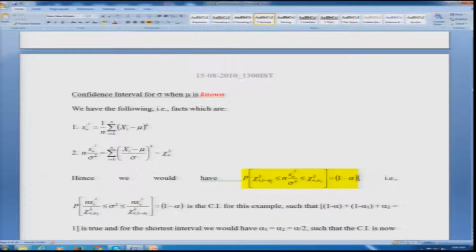Here note down one thing: the area to be covered on the left is 1 minus alpha suffix 1, and on the right the suffixes are n comma alpha 2. The alpha 1 and alpha 2 have some relationship to alpha, definitely, but we are assuming, and rightly so, that the chi-square is non-symmetric. We will make some assumptions further on, which I will say repeatedly, so that you understand the concepts.